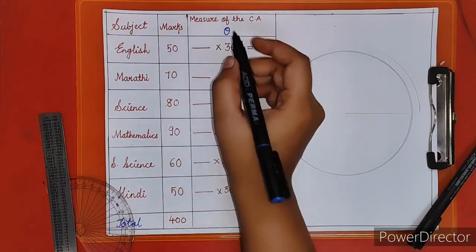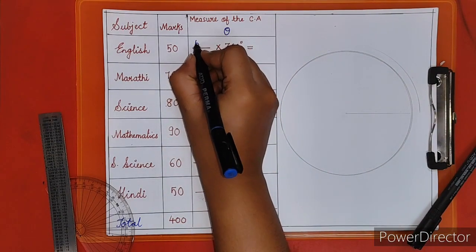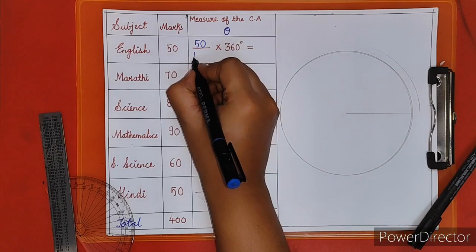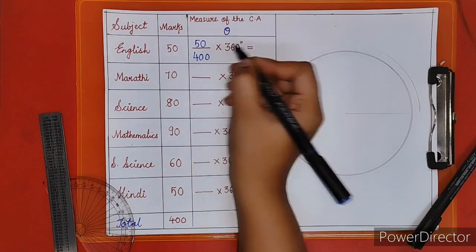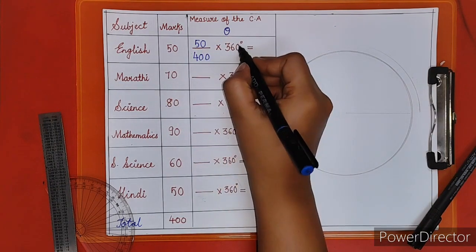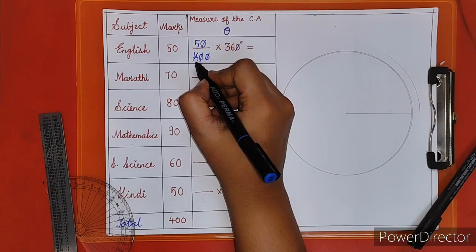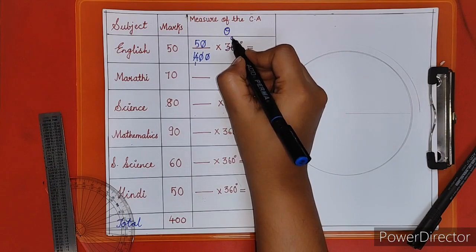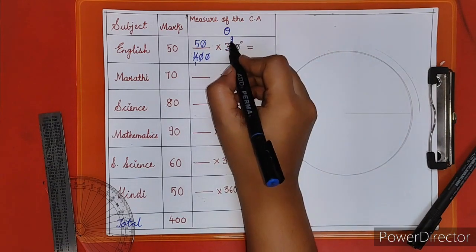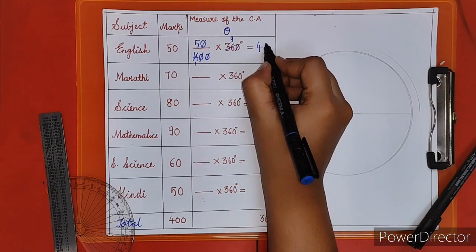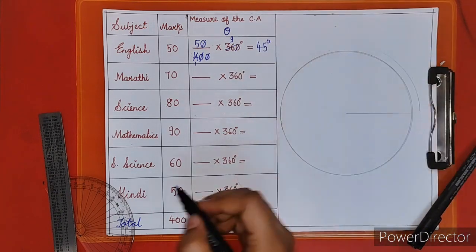So here marks for English is 50, total 400, multiply by 360 degree. 4 ones are 4 and 4 nines are 36, so 5 nines are 45 degree.